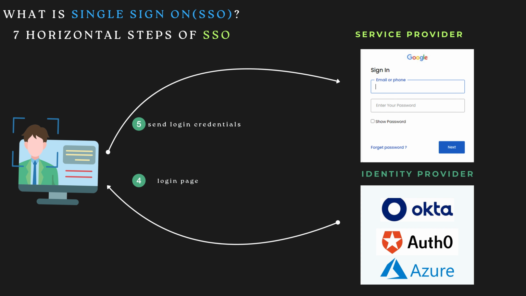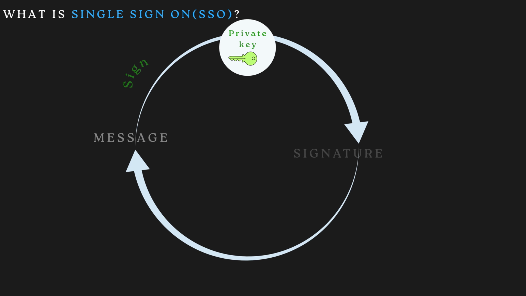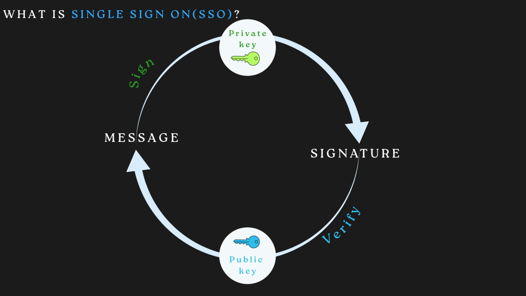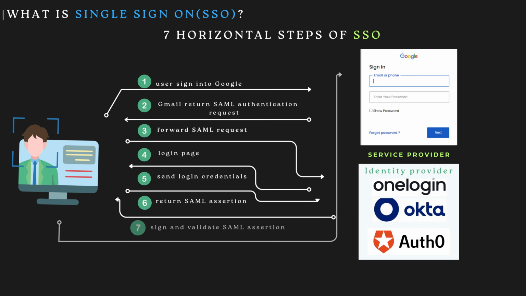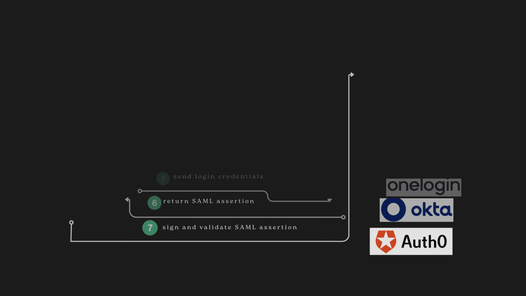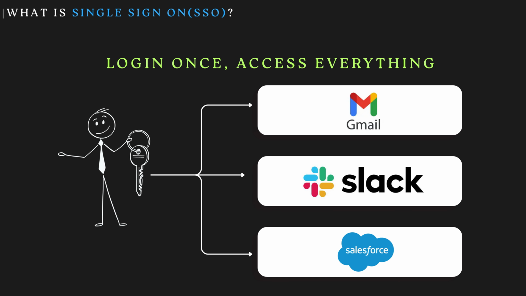Gmail verifies the SAML assertion using public key cryptography to ensure it's really coming from the trusted identity provider. If everything checks out, Gmail creates a session and grants the user access. This entire flow happens in just seconds. No second login needed, no extra password, just smooth and secure access.